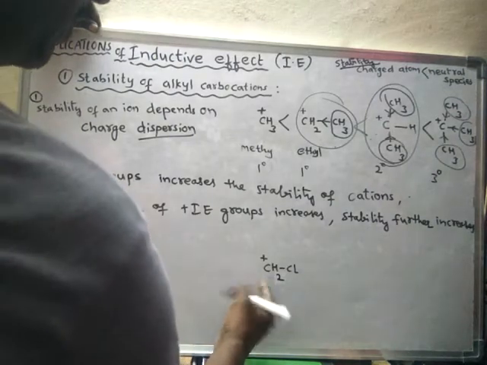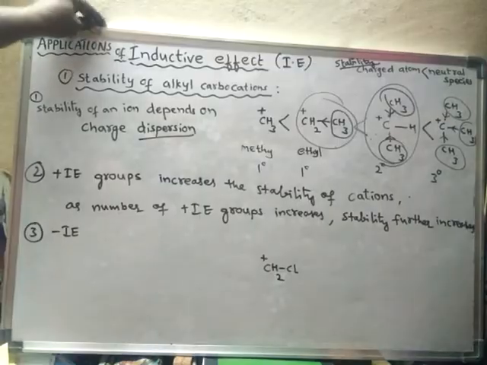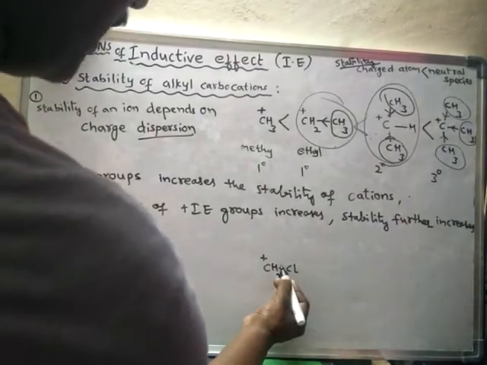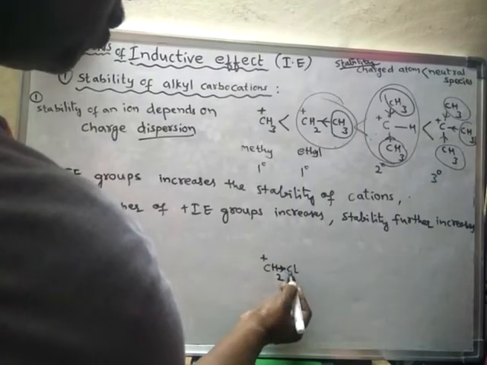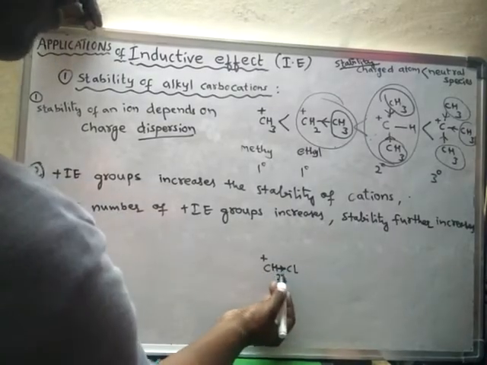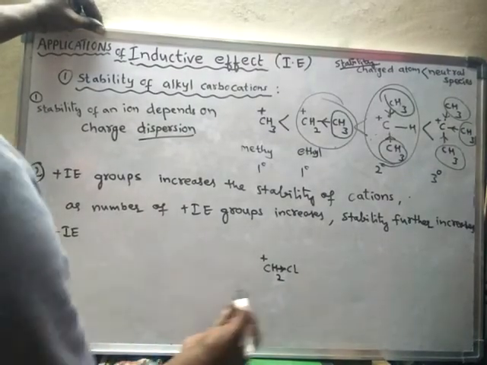When compared to the others, actually this chlorine is an electron withdrawing group. It will try to take the electrons. So chlorine, being a minus IE group, will try to take the electrons from the carbon. So what happens?